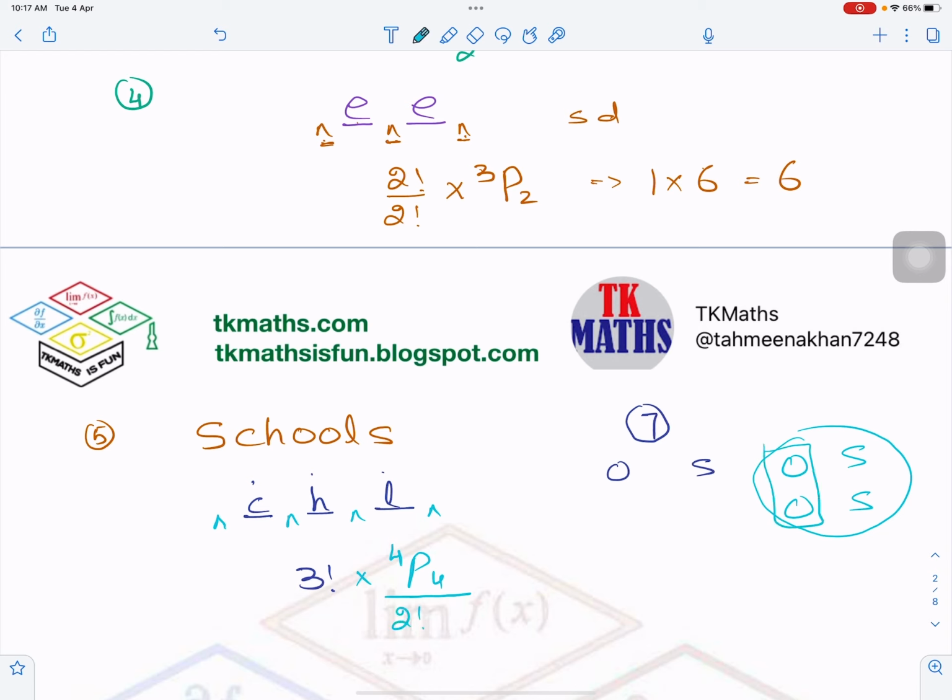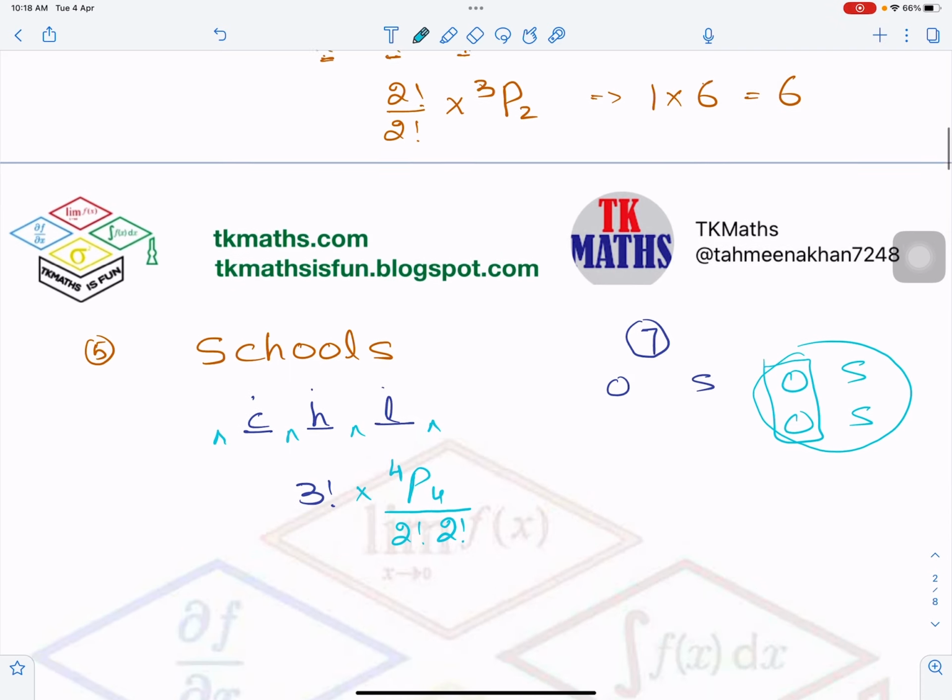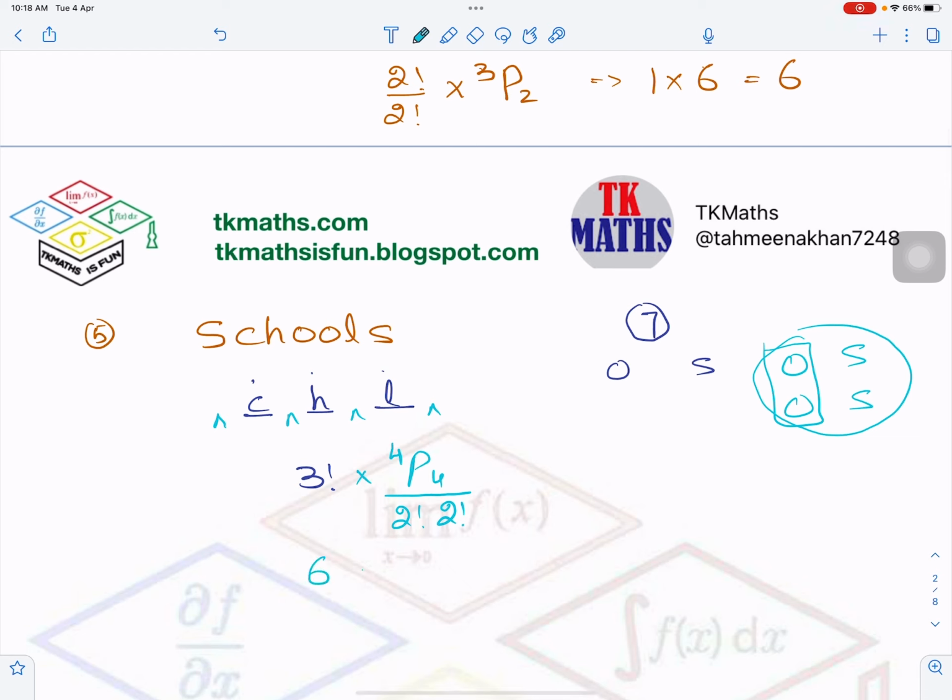So I will do 2 factorial for O and 2 factorial for S. We are dividing by the identical number of letters. So this will be 6 times 24 divided by 2 into 2.